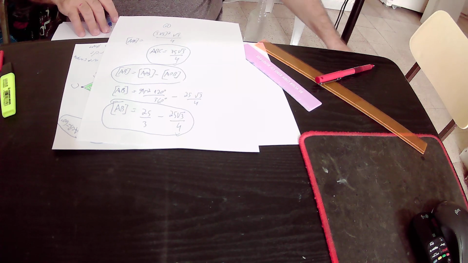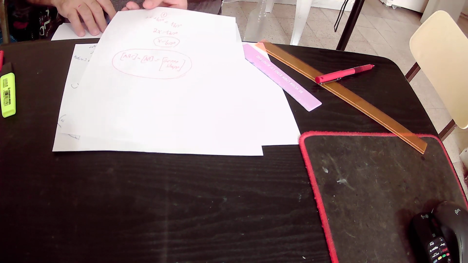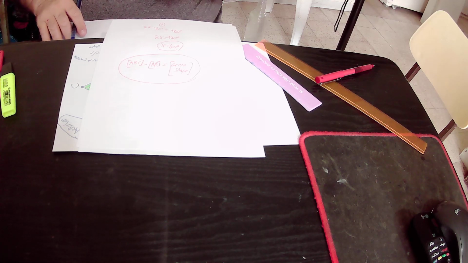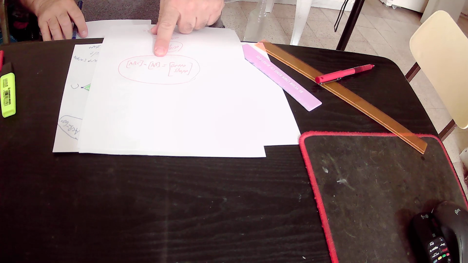And we know that the area of the green shape equals the area of triangle ABC minus the area of circular segment AB.